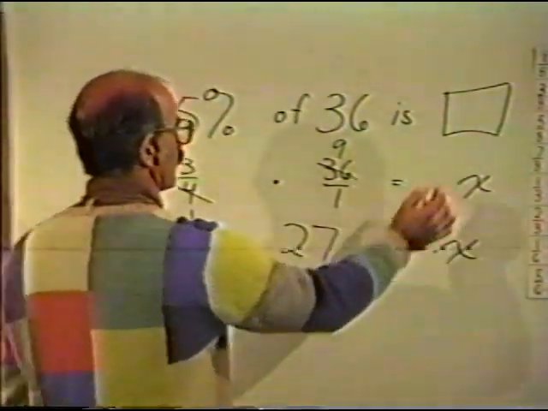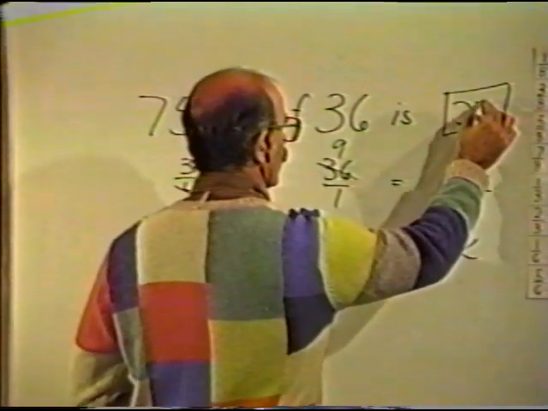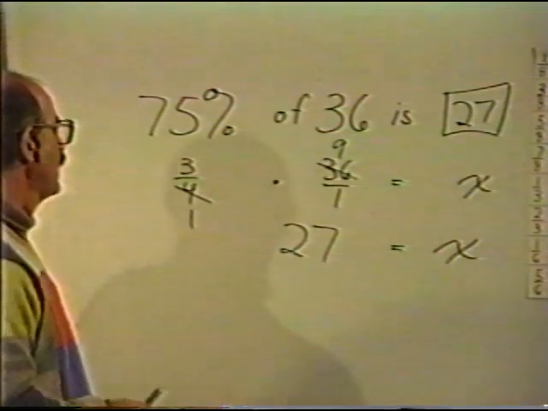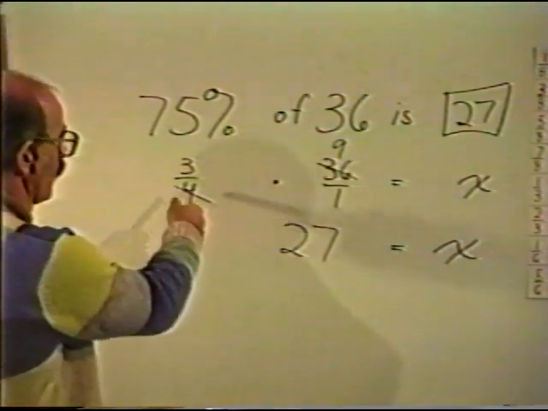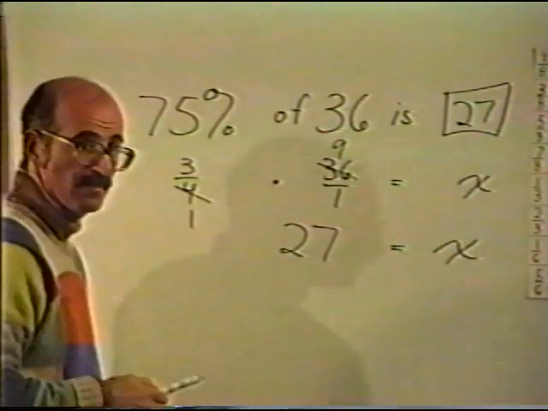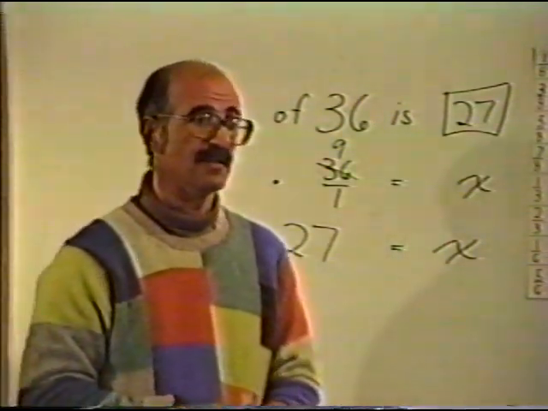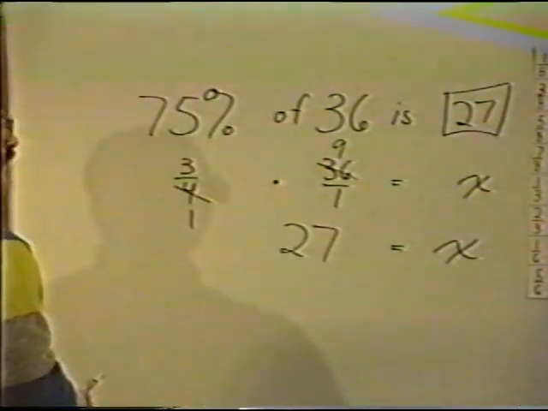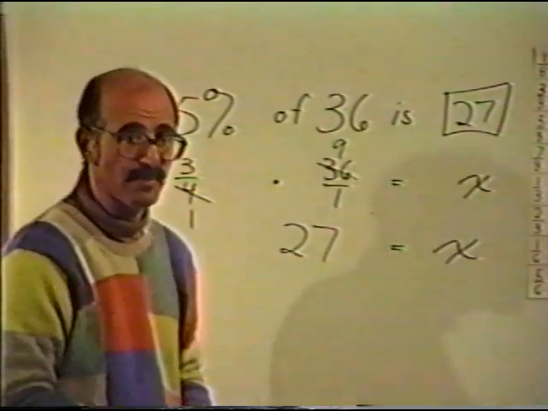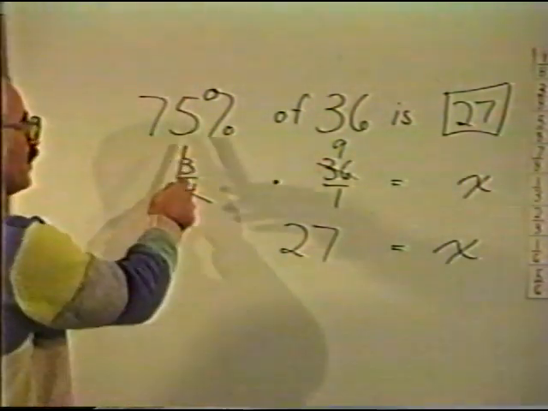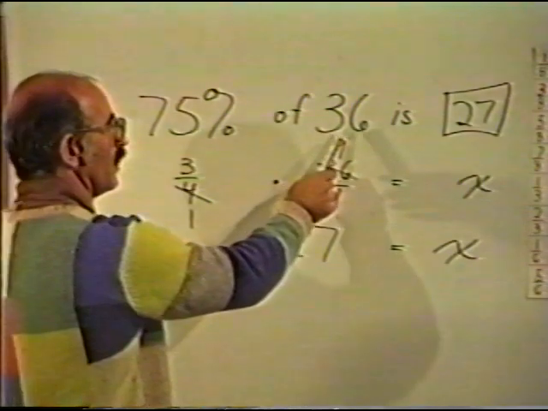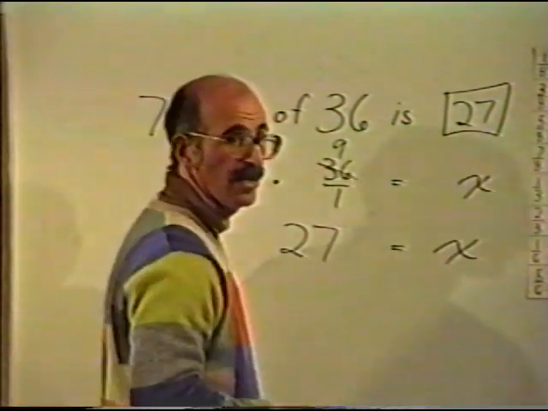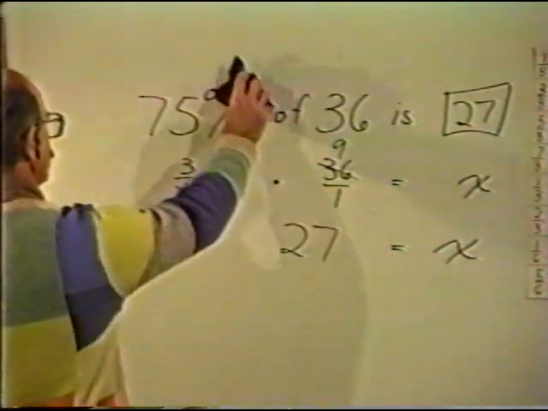So we can put 27 in the box. Does it make sense that 75% or 3/4 of 36 would be about 27? Yes, it does. Remember, this was a type 1 problem. We knew the percent, we knew the whole thing, but we need to find a part of the whole.